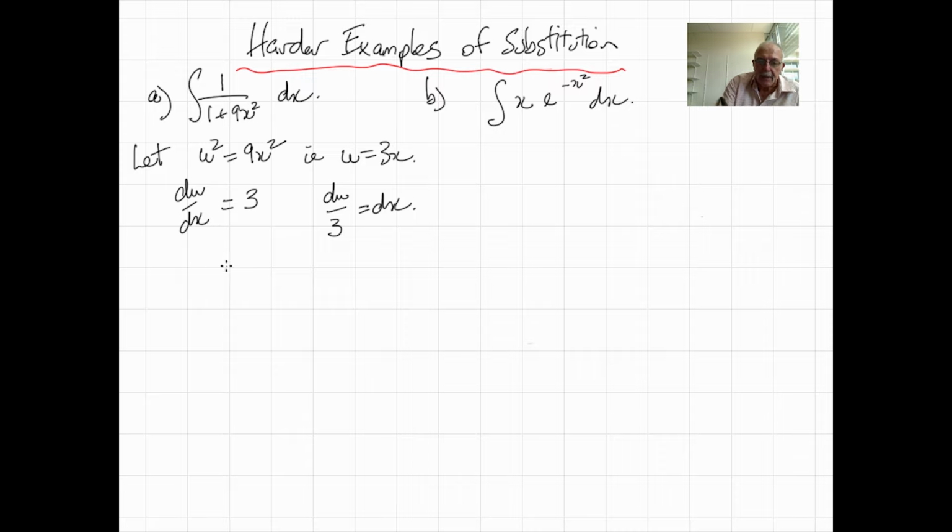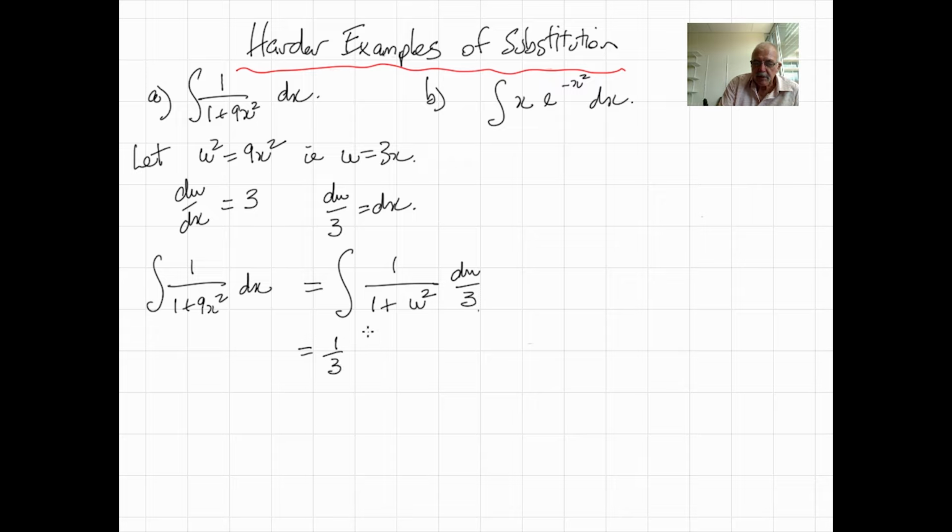So our next step is that the integral of 1 over 1 plus 9x squared dx, when we do the substitution, is the integral of 1 over, now 9x squared is equal to u squared, so it'll be 1 plus u squared, and dx is equal to du over 3. So that 3 can come out the front, so it'll be 1/3 the integral 1 over 1 plus u squared du.